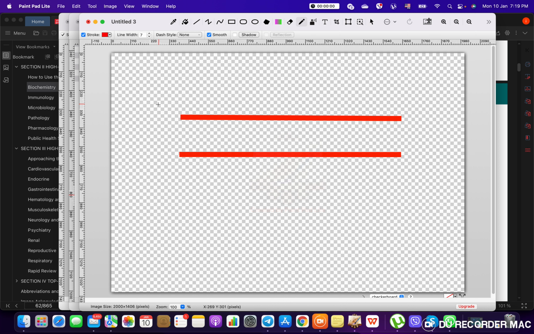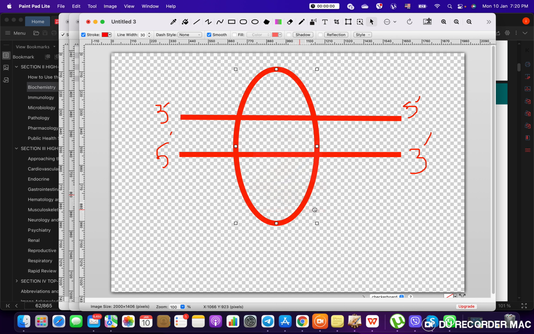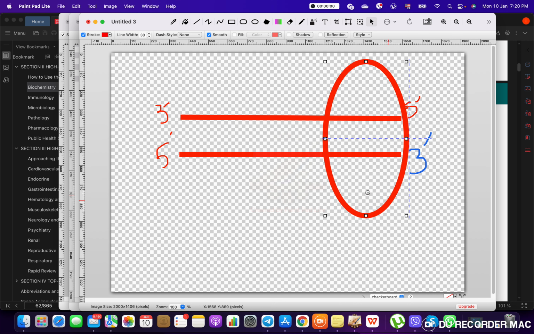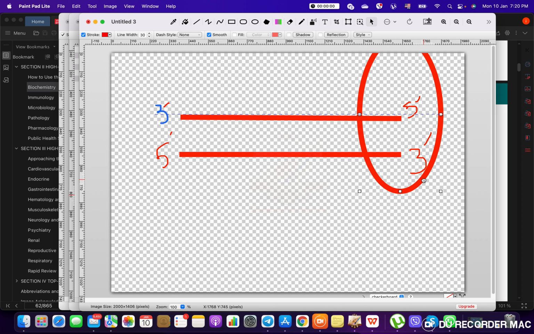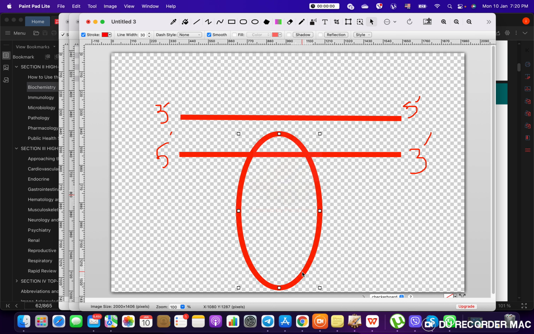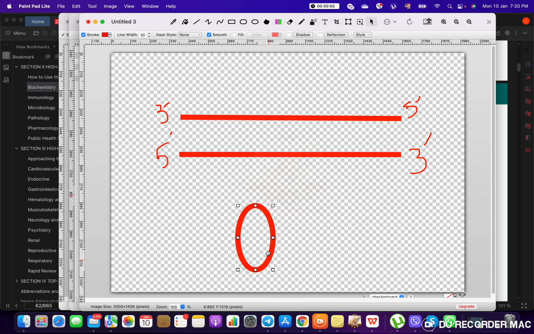Of course, as always, it's 3' to 5'. Yes? The DNA polymerase will come and do the proofreading. Does he go 3' to 5' or 5' to 3'? Yes, he goes like this.